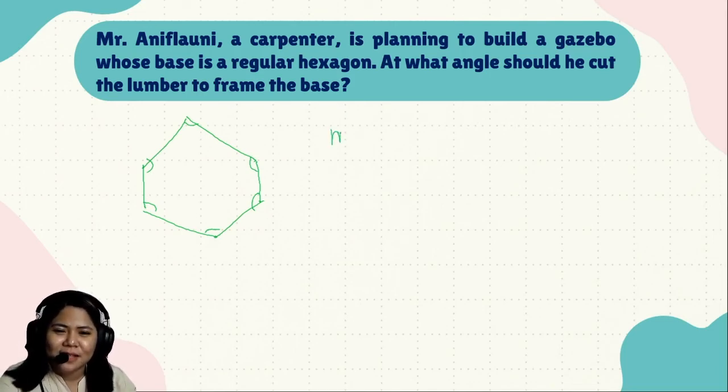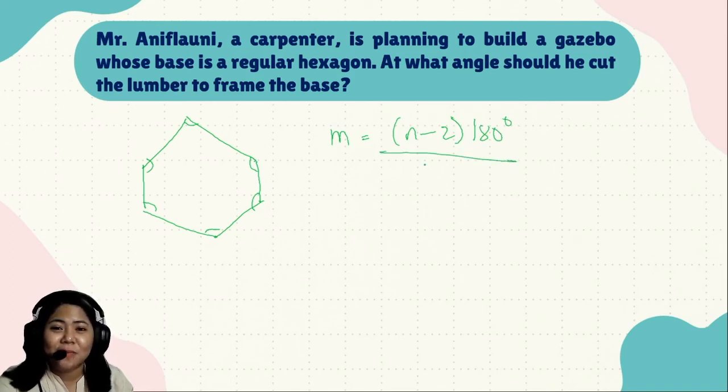Formula natin, yung sum ng interior angles na n minus 2 times 180 degrees ay i-divide mo by the number of sides. Okay? So, what's n minus 2? Hexagon is a six-sided figure. So, 6 minus 2 times 180 degrees. Divided by 6.